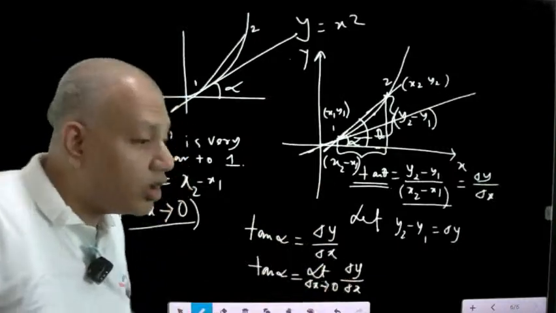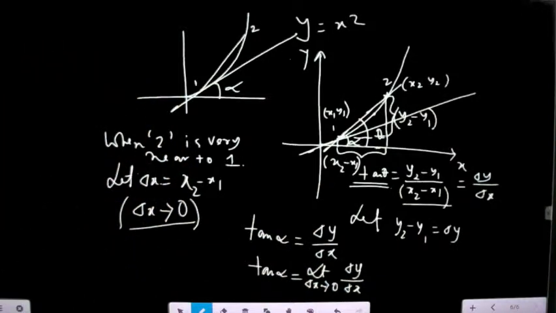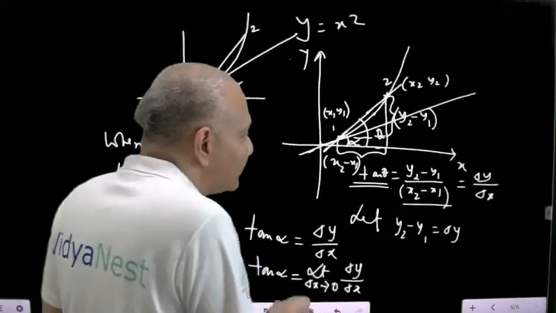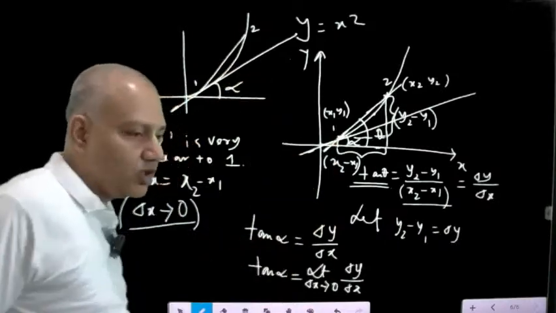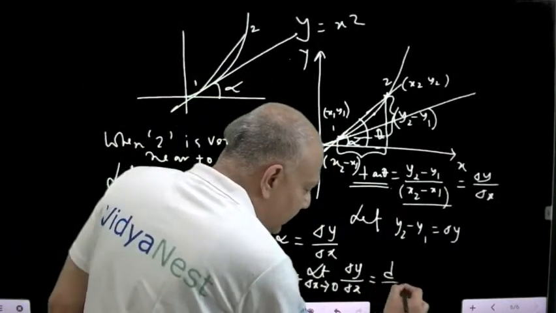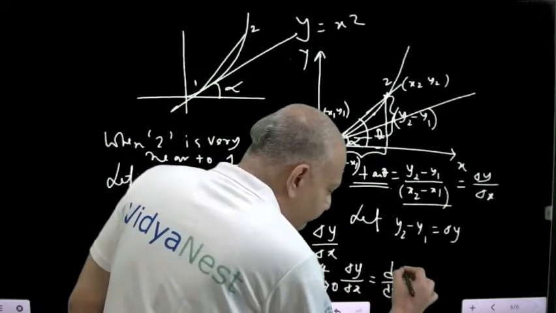This is called differentiation of y with respect to x, meaning the rate of change of y with respect to x at this point on the graph. It is written as d/dx of y.